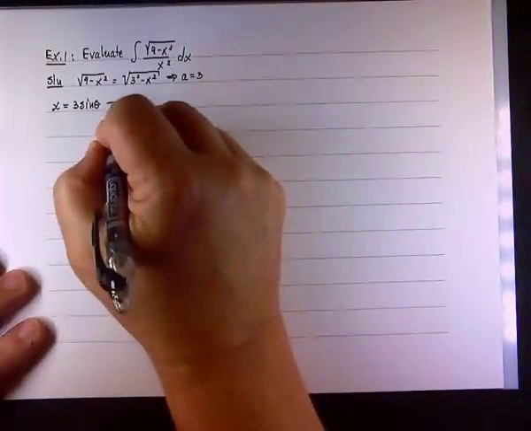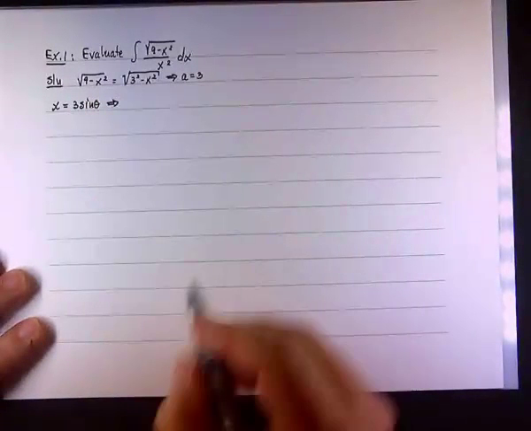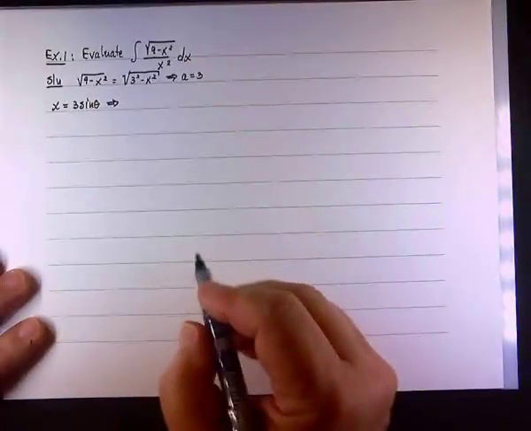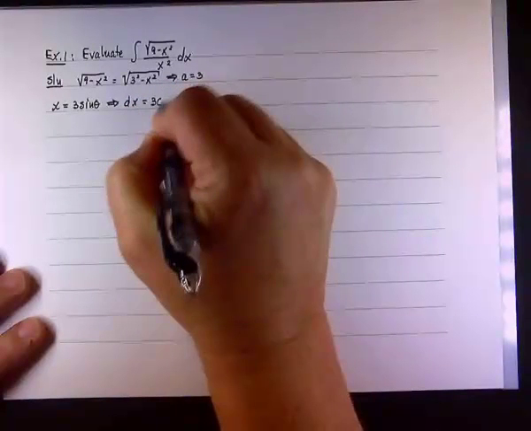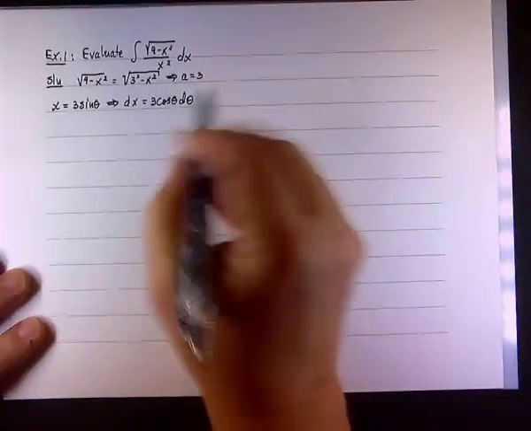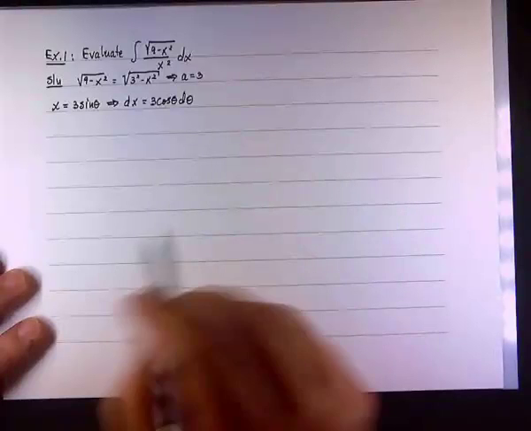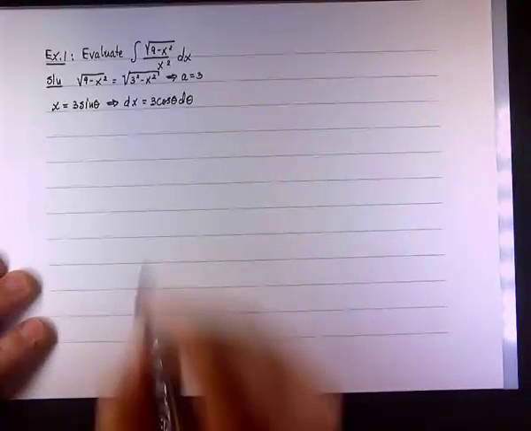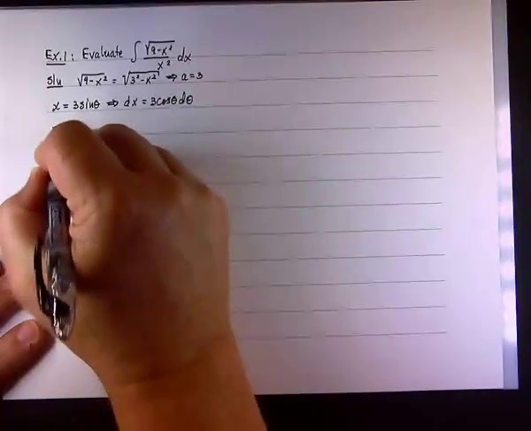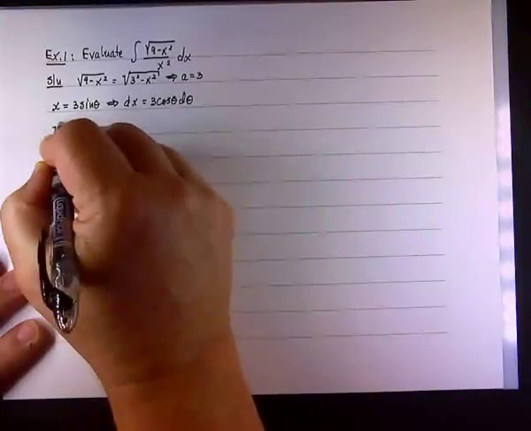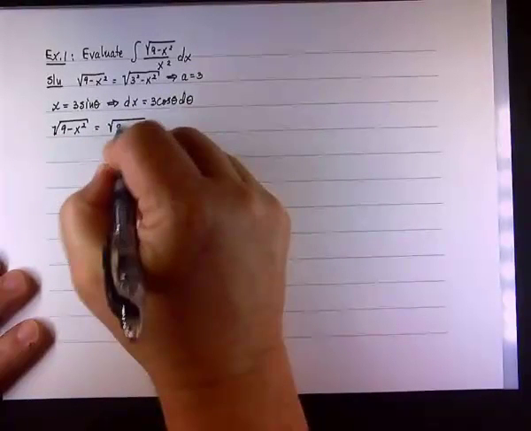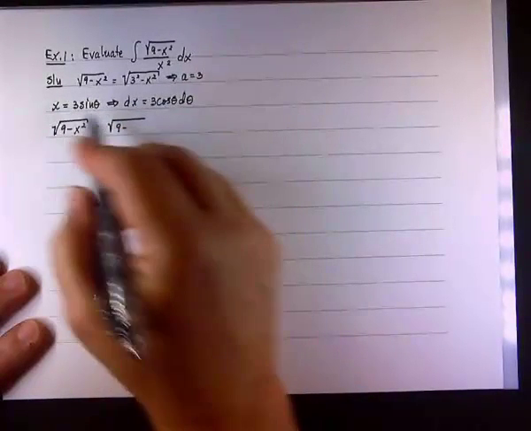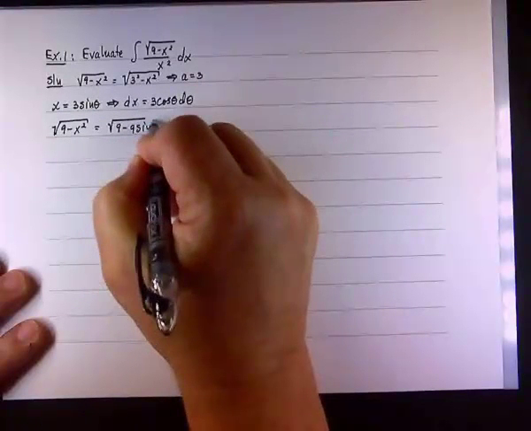If we substitute x, we also need to produce an expression for dx, and once you substitute, you come up with dx equals 3 cosine theta d theta. So we can substitute now, and let's look at the numerator, the square root of 9 minus x squared. x squared is 9 sine squared theta.